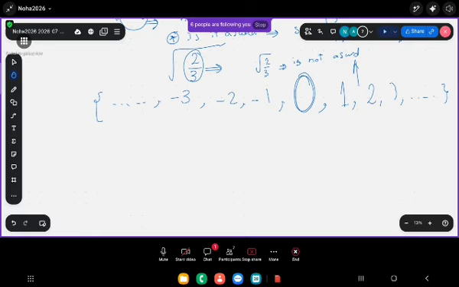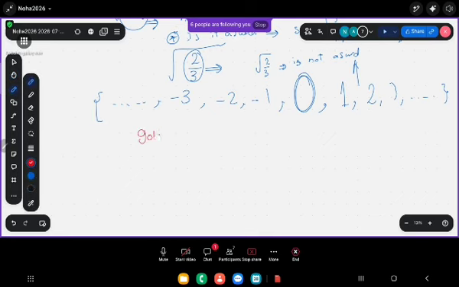Now let's get a golden rule to be a help for you. Here is the golden rule as we used to write: the surd must satisfy two conditions. What are they?